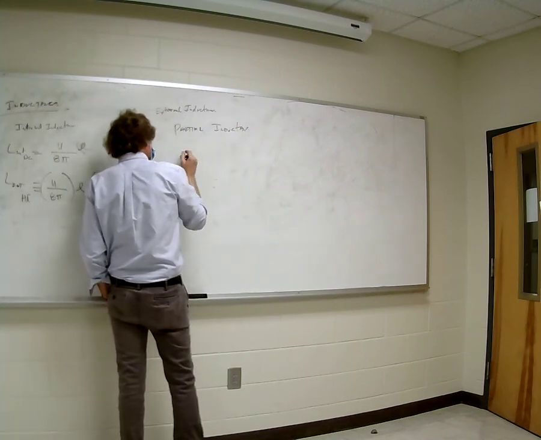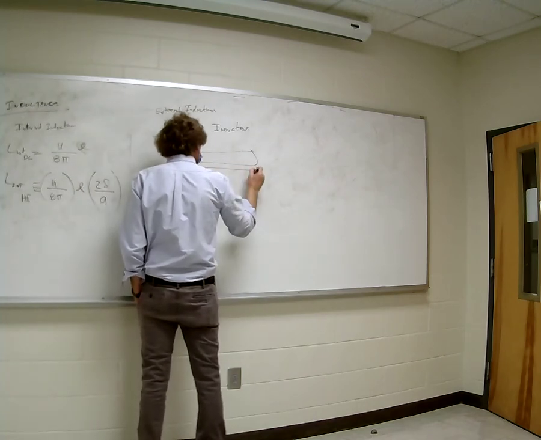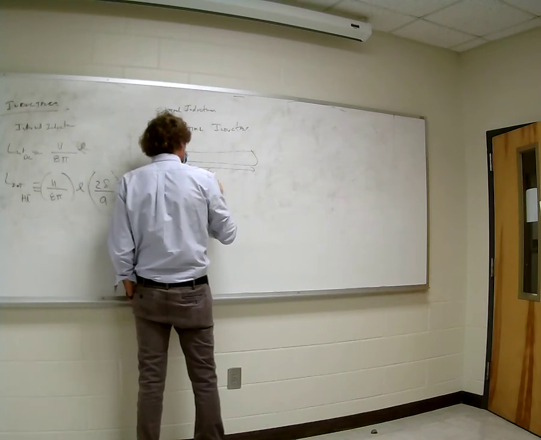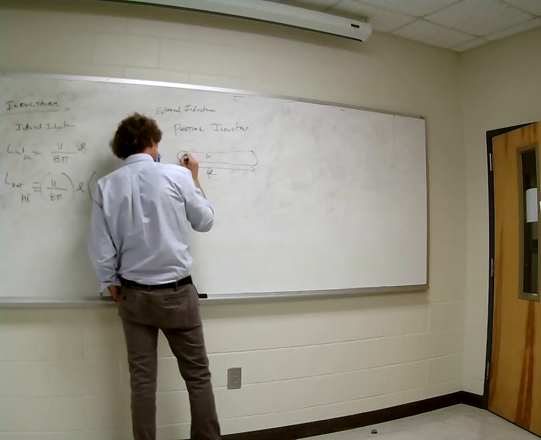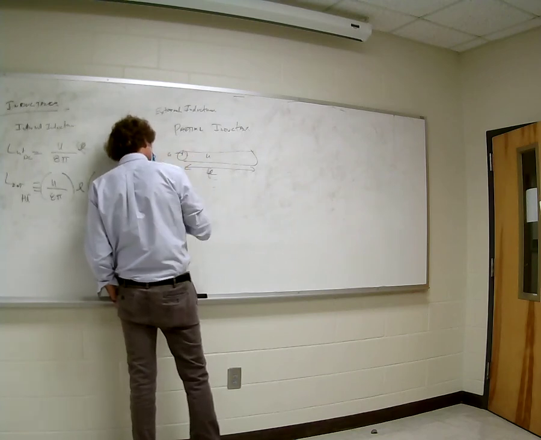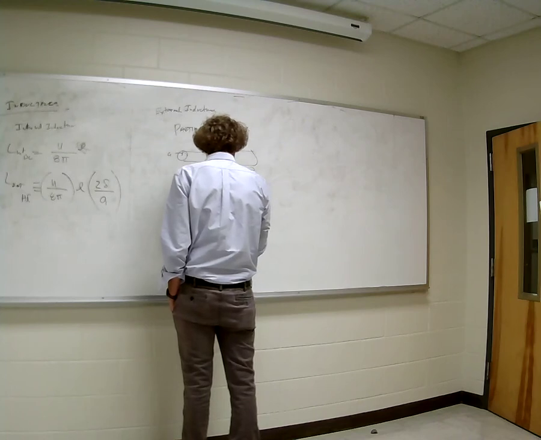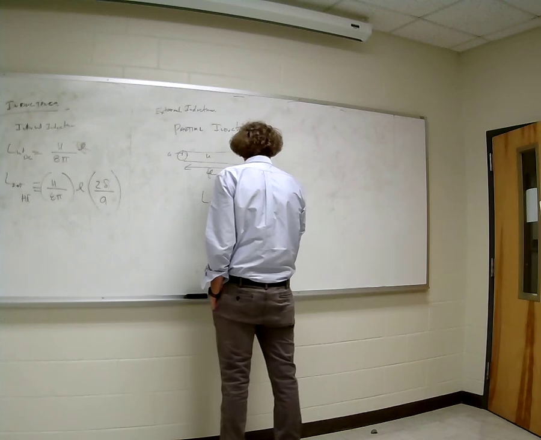so again, if I have a wire, I'm going to redraw this. Wire has a length L, right here. Permeability mu, radius A. Then I can say that L external from this formula is about 2 times 10 to the minus 7.